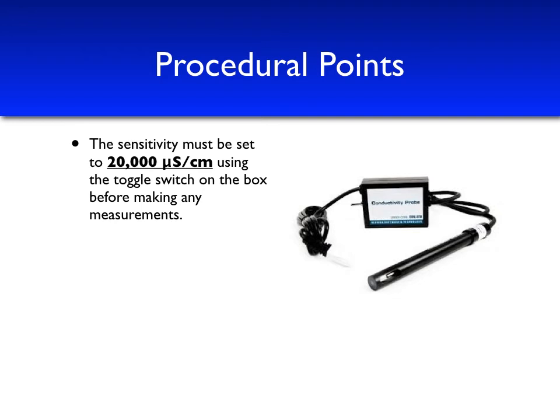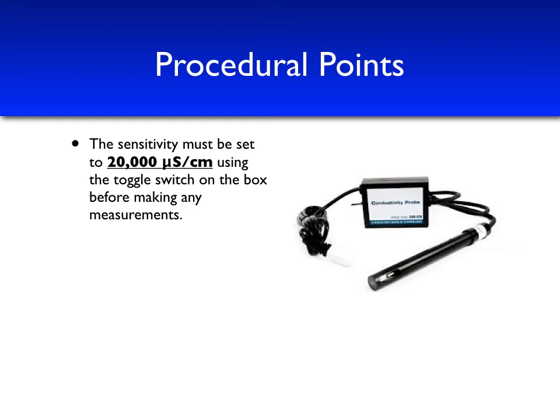The box, which is different from when we looked at the temperature sensor, allows us to set the sensitivity of our sensor. We will use the most sensitive setting, the 0 to 20,000 microsiemens per centimeter, which are the units used to measure conductivity in this experiment.